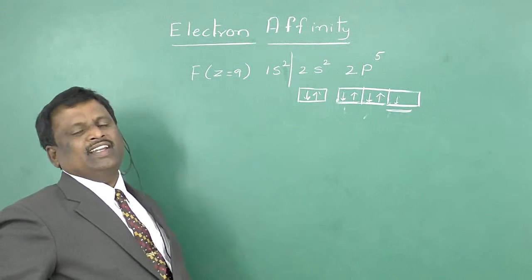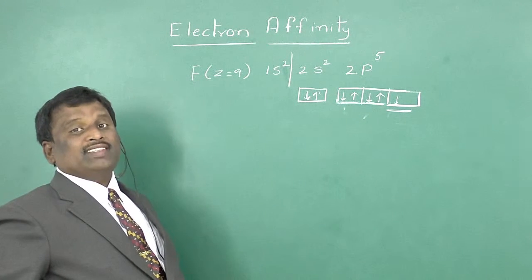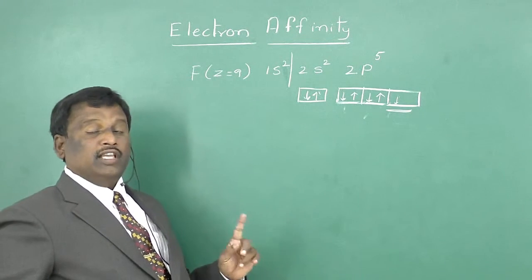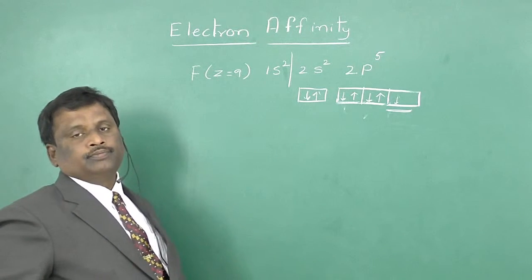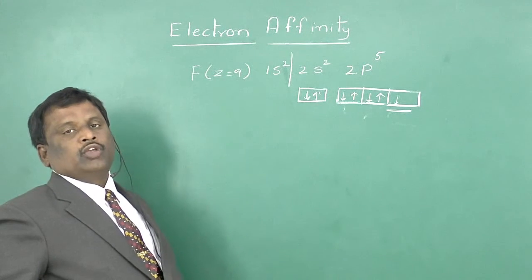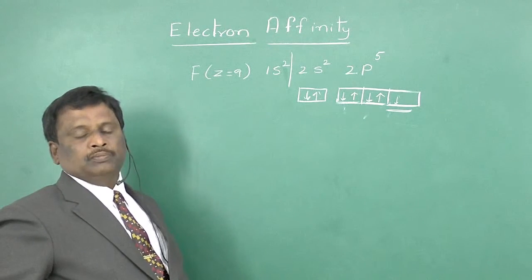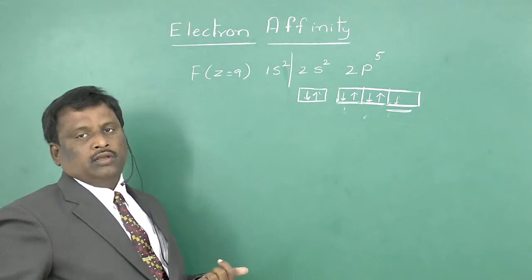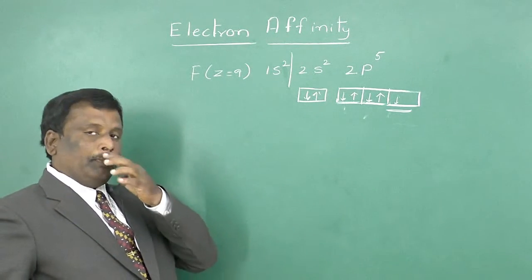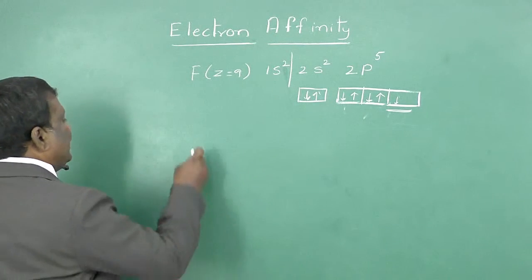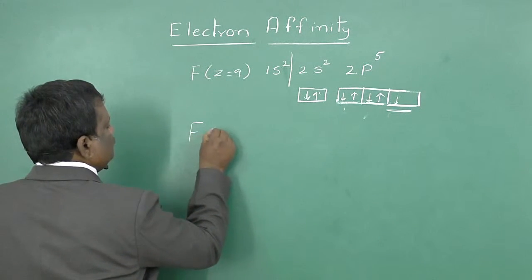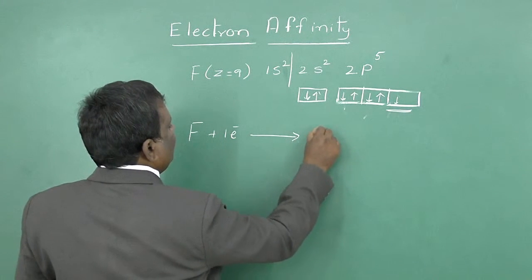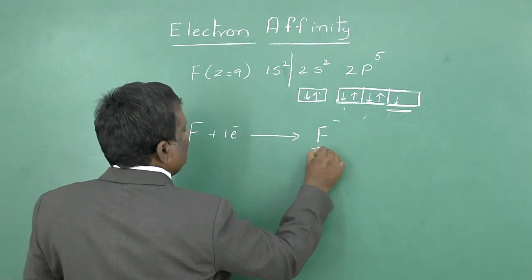So, fluorine has a tendency to accept an electron, provided another atom is there to donate. Elements like sodium and magnesium have a tendency to donate electrons, they lose electrons. If such electrons are available, fluorine can take that electron and convert into F minus ion.